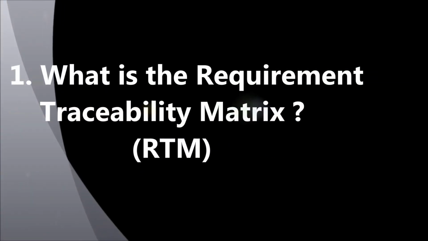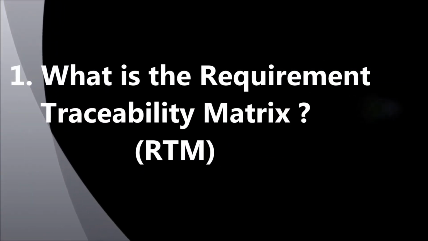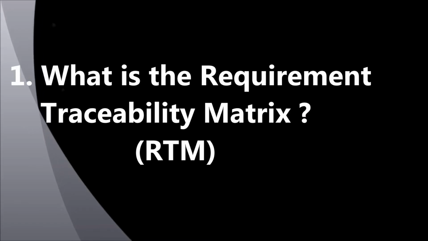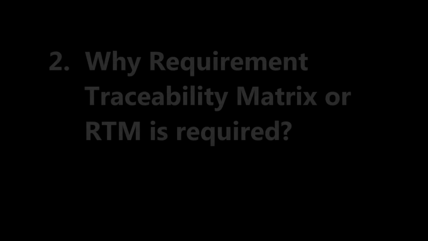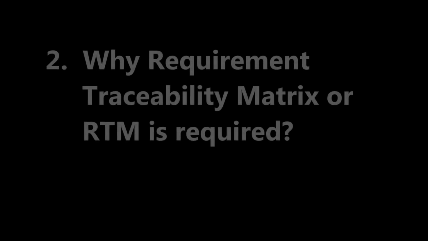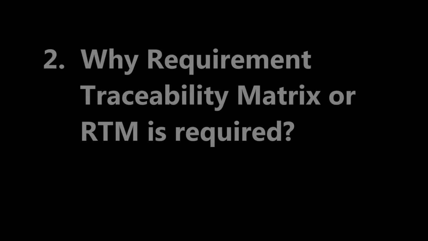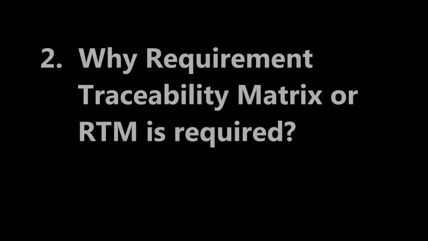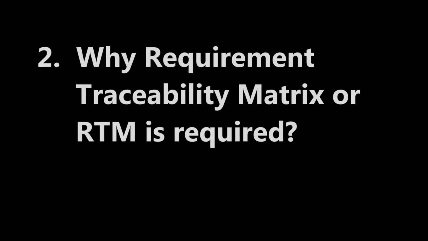Why is the requirement traceability matrix or RTM required? A requirement traceability matrix is used to record and track the relationship of the project requirements to the design, documentation, development, testing and release of the project product.